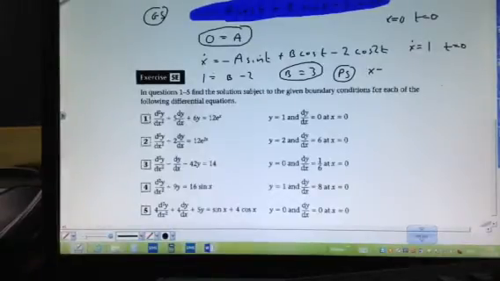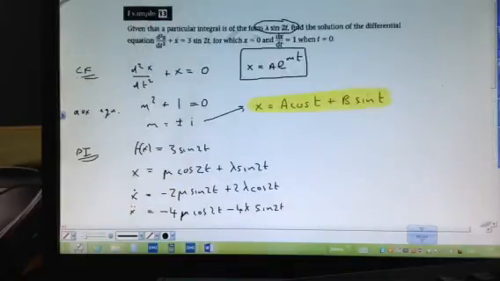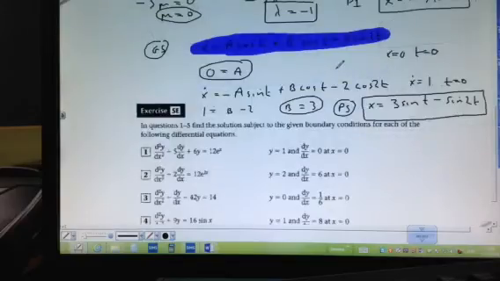So I've got x is equal to 3 sin t minus sin of 2t. And that is the particular solution, or the specific equation of that second order differential equation right back up here. So that's why we're given those boundary conditions. Rightio, it was as simple as that.